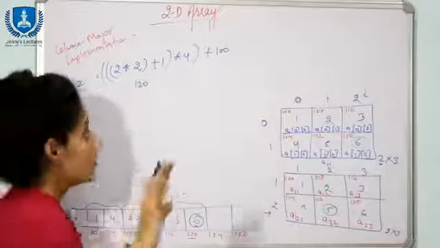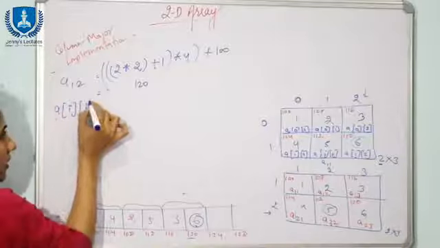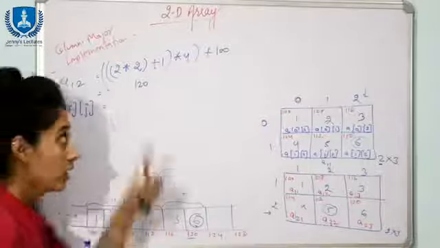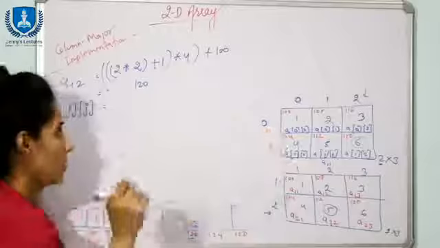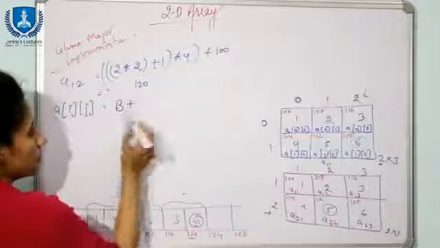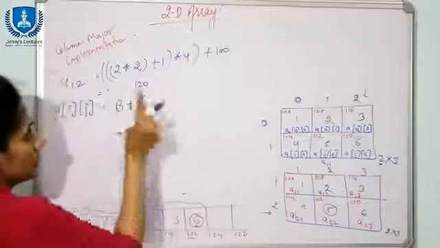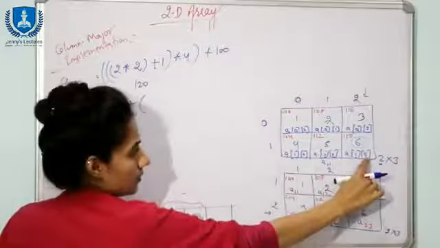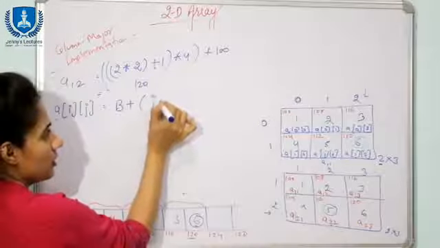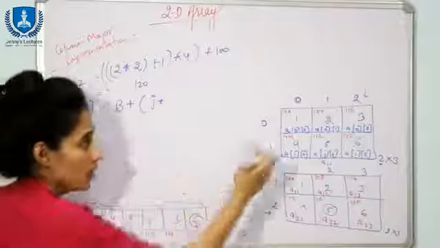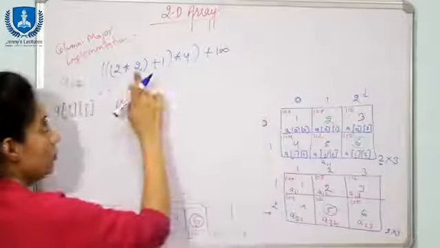Fine. So in general, suppose I want to access element A[i][j] in column major implementation, with array index starting from 0, then how will you write it? Base address plus, now how many elements do you have to cross? See, we have taken this index first of all, 2, that means j into the number of rows. How many rows are there? Here we have 2 rows, that is why we did 2 into 2.